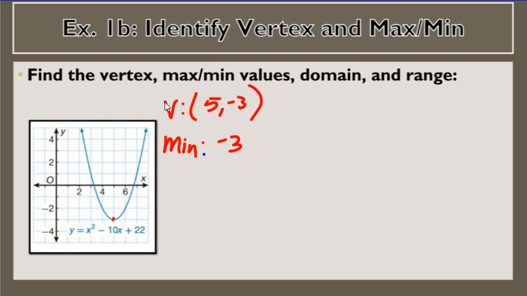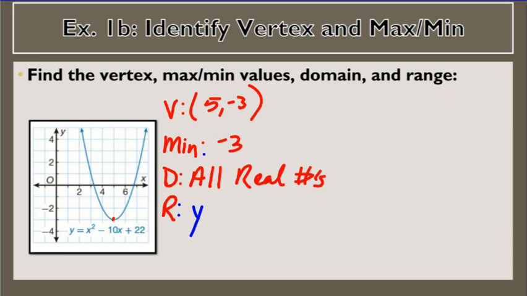So if you found your vertex, all you need to do is take the y value to find your maximum or minimum. And then the domain, parabola shape, so all real numbers. And the range, what are all the possible y values? Well, it's got to be greater than or equal to -3. Your range is always going to have your minimum or your maximum, your y coordinate of your vertex. So all three of those numbers you will see in your answer.